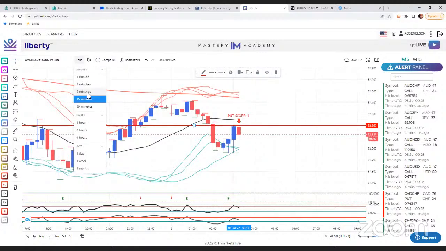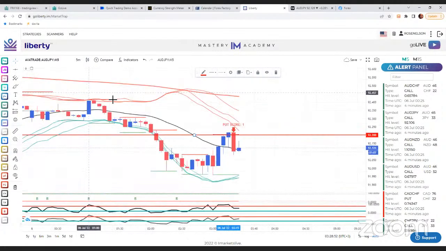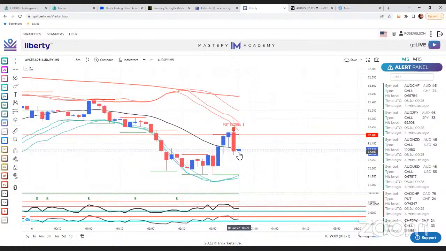Let's see what it's doing in the 5 minutes. So technically, the 5 minute candle was this one. If you went in for a 5 minute candle, you'd have made your money. But if you went for a 10 minute, you'd be losing money because the candle is blue.